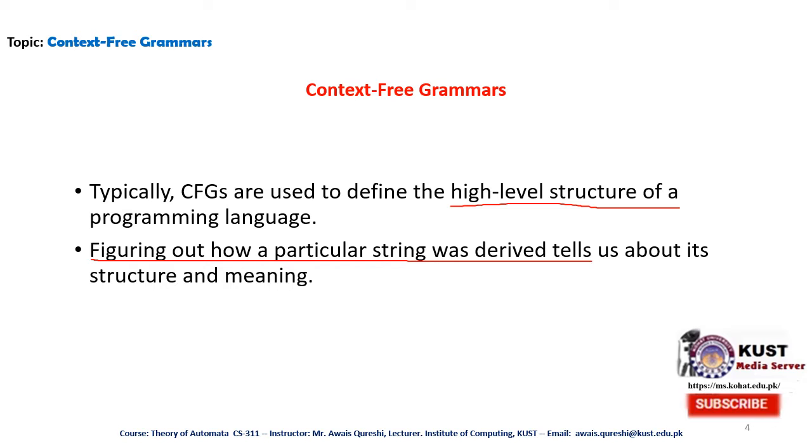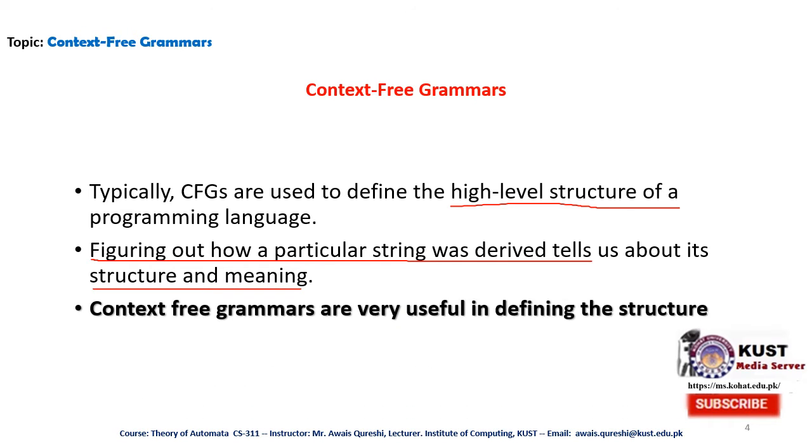If one knows how a particular string was derived, then it is very easy to know about its structure and meaning. If you know the derivation of a particular string, how particular characters in the string were derived, then you can judge or predict its structure and meaning. So context-free grammars are very useful in defining the structure.